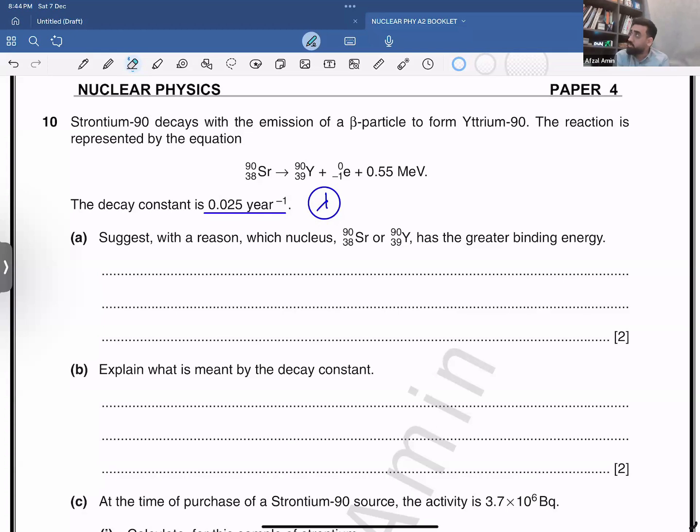Yes? So it is unstable. So yttrium is stable. The other criteria, which I already told you last time, is the products are stable. So stable means more binding energy. Yes or no? So greater binding energy is yttrium.